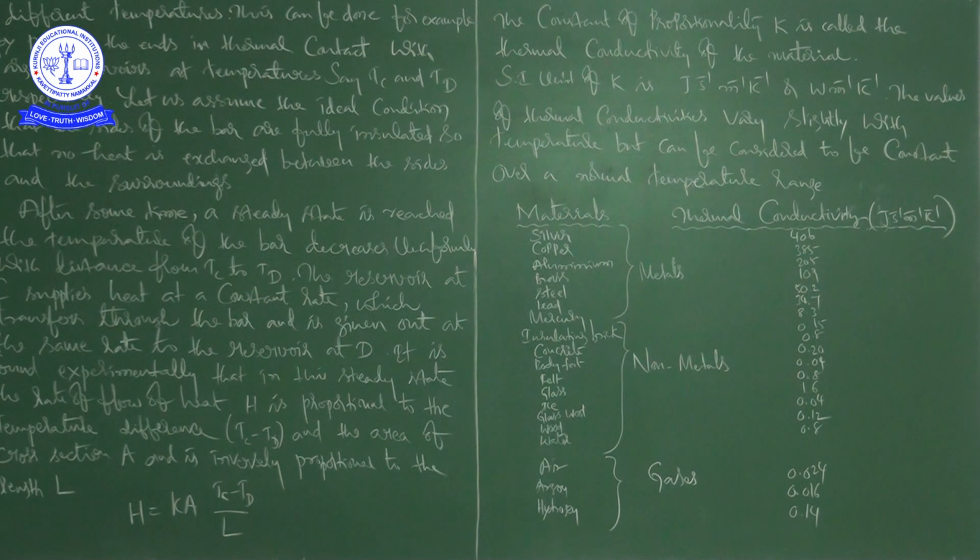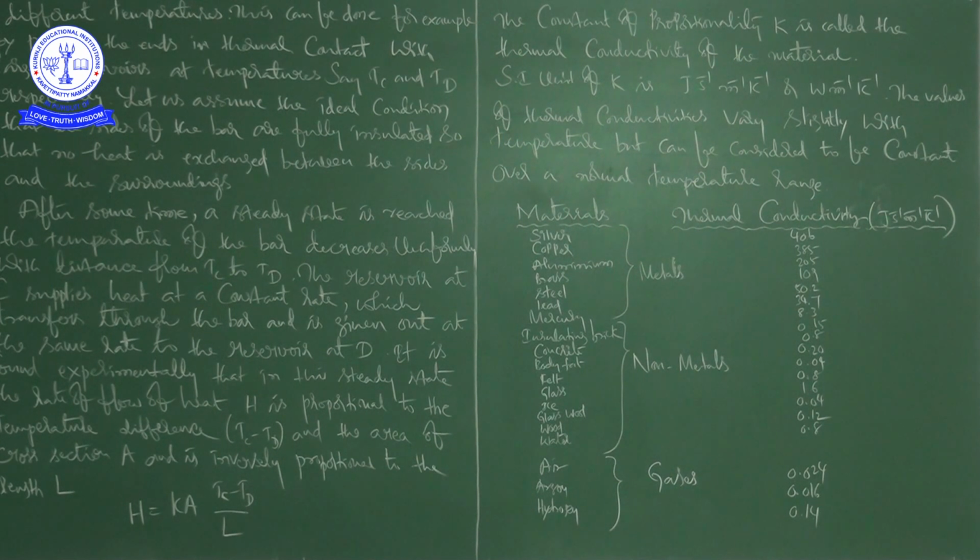Now I am going to discuss some of the applications, some of the importance of thermal conductivity. Please concentrate. For example, compare the relatively large thermal conductivities of good thermal conductors, the metals, with the relatively small thermal conductivities of good thermal insulators such as wood and glass wool.